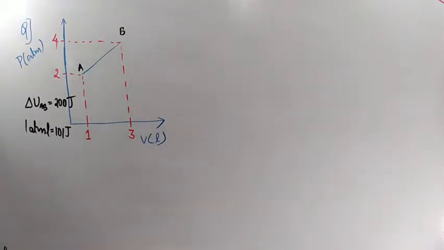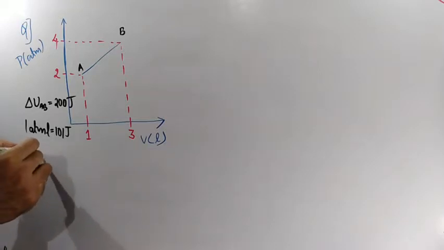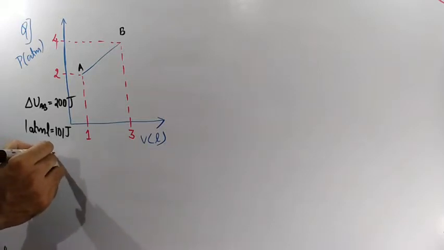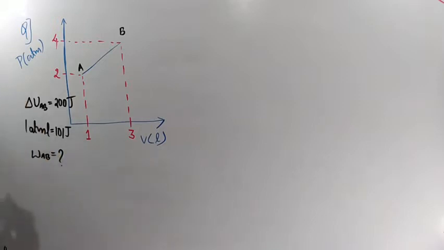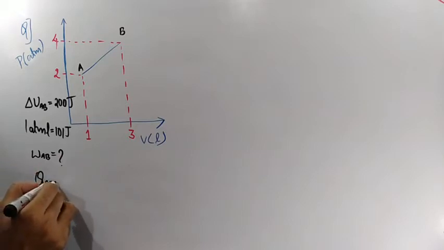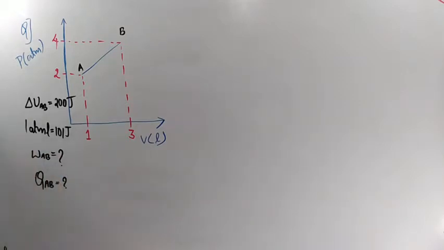And what they are asking in the question: work done in the process AB is equal to question mark, and heat given in the process A to B is question mark. So these two they are asking.